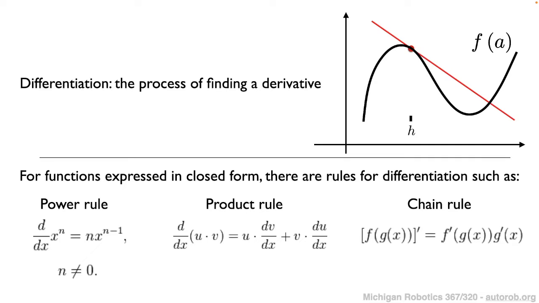For some of these types of functions, there are rules for differentiation that we can implement. You might be familiar with, for example, the power rule, the product rule, the chain rule. These are common tools that help make our calculations much simpler and actually possible to implement mechanically.